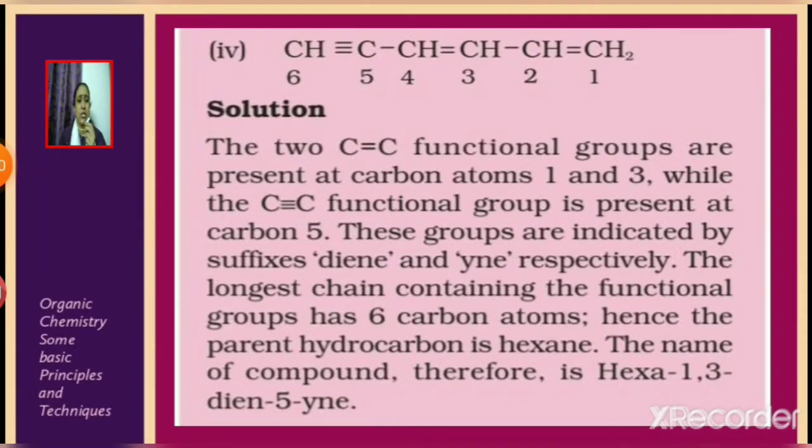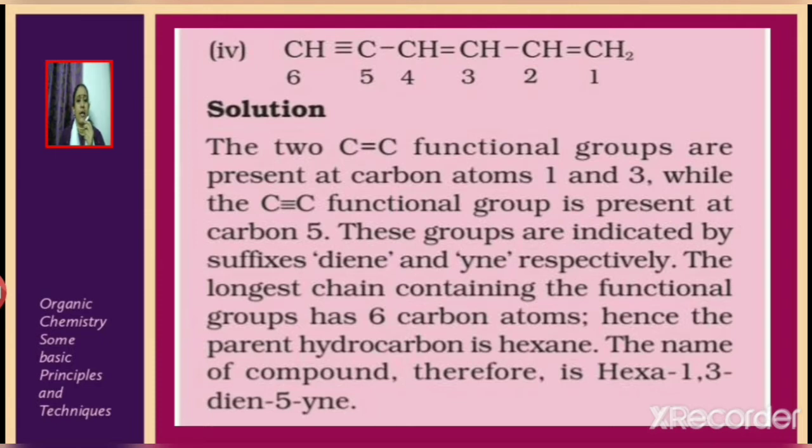Now consider the next example, CH triple bond C single bond CH double bond CH single bond CH double bond CH2. The 2 C double bond C functional groups are present at carbon atoms 1 and 3, while the C triple bond C functional group is present at carbon 5.